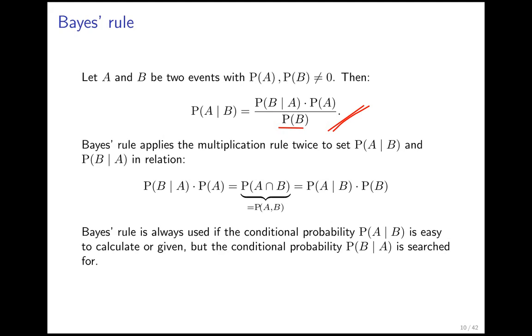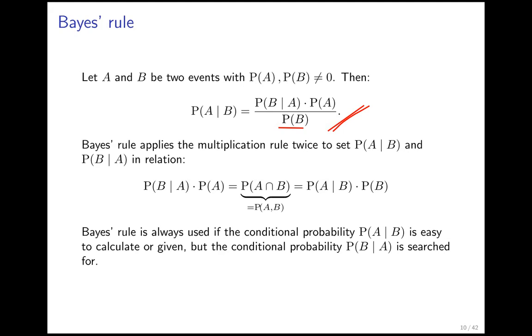P of B is the probability that the marble is blue, and you can do this by partitioning the outcomes into the individual boxes. And that's often what you do when you use Bayes' rule. So you first apply Bayes' rule, and then you apply the law of total probability to P of B, to the denominator.